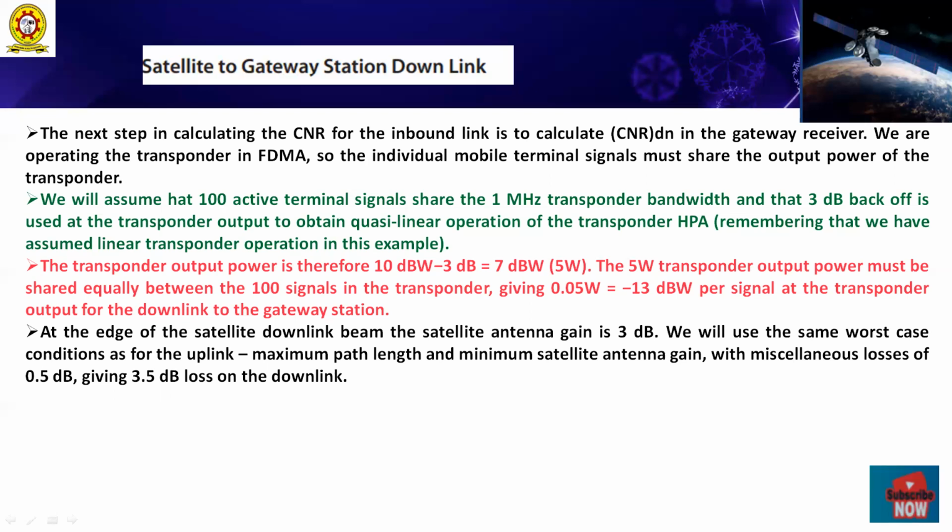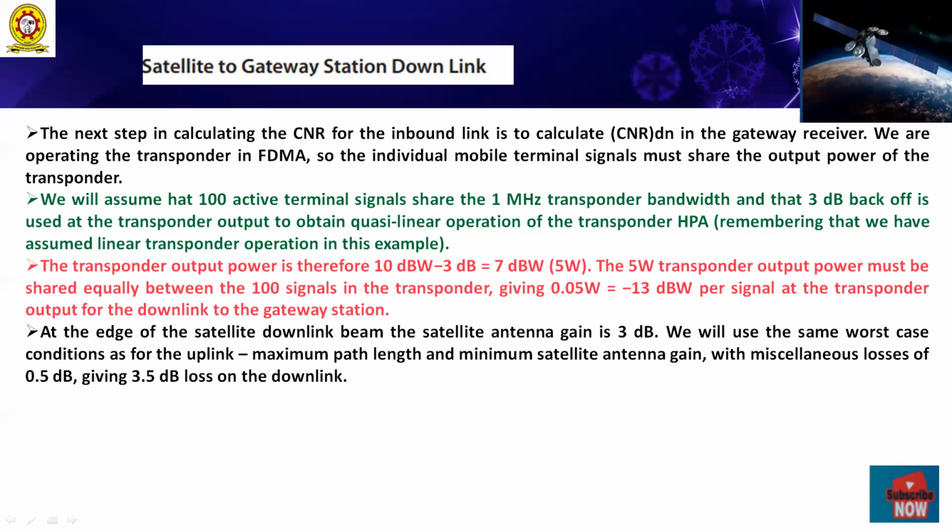But within this 7 dB, 5 watts output power must be shared among all these available 100 active channels. That is how the satellites share the link or the bandwidth to the gateway station links.